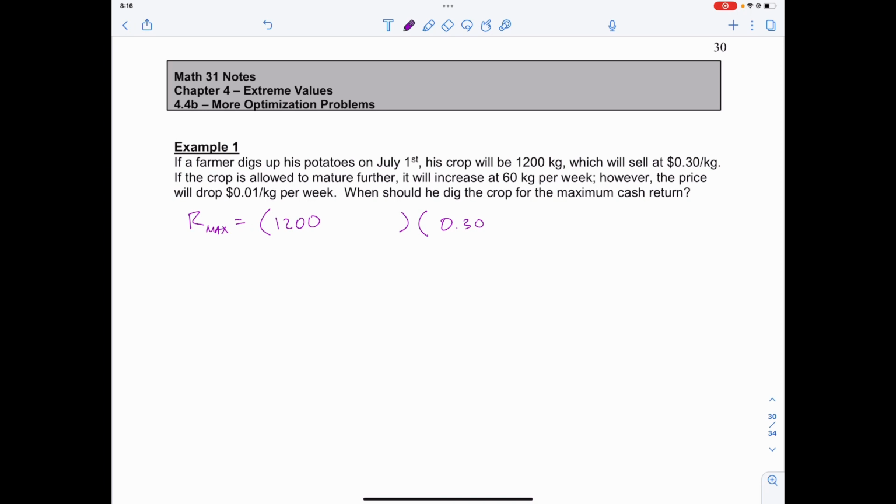Now, what's happening here is it's going to increase by 60 kilograms every week, and it's going to decrease by 1 cent every week, which means that I'm going to let X be the number of weeks after July 1st.